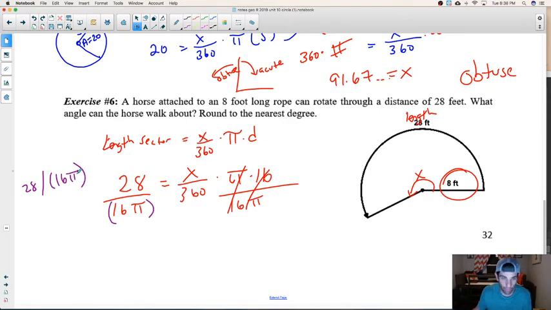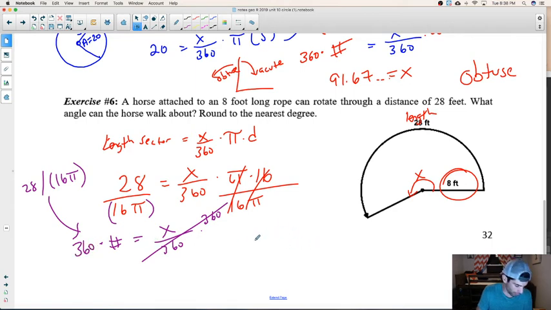You hit equals, right? Then you're going to take that number and multiply it by 360. And then that is going to give you a number of 200.5, round it to the nearest degree, so we're going to call it 200 degrees.